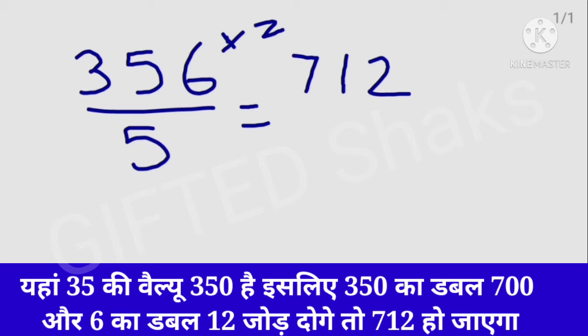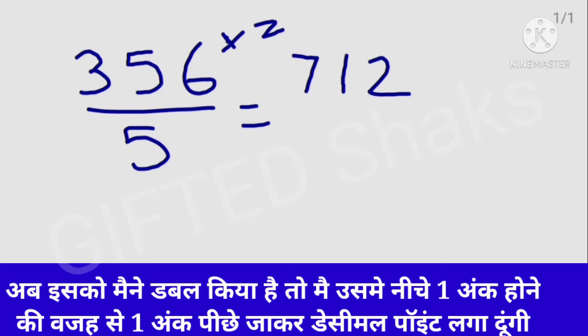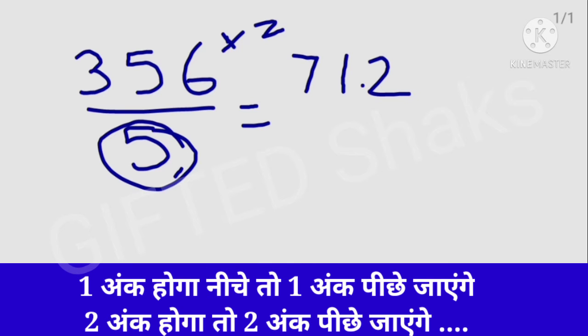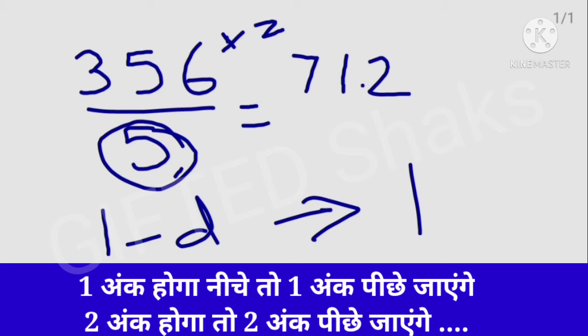Now since I have doubled this, I will put one decimal here. Why one decimal? It is because I have one digit in the denominator. You put as many decimals as the number of digits in your denominator. If you have one digit in your denominator, you put one decimal.